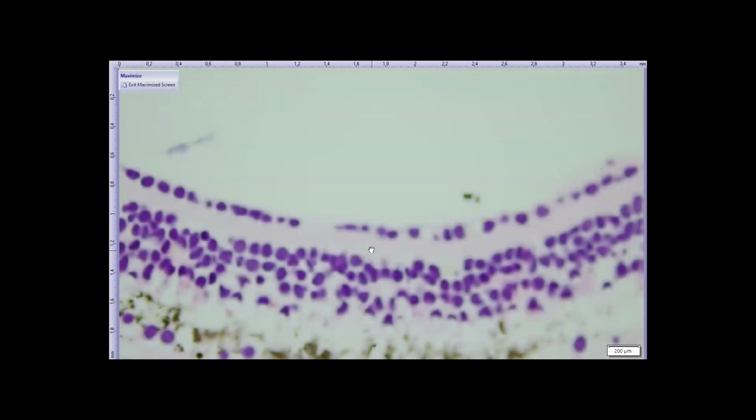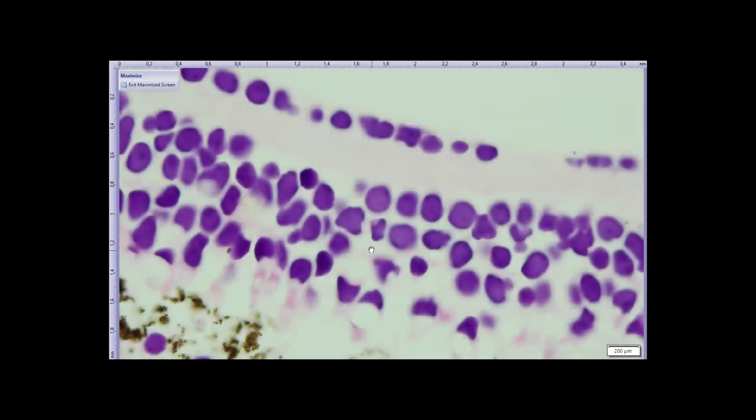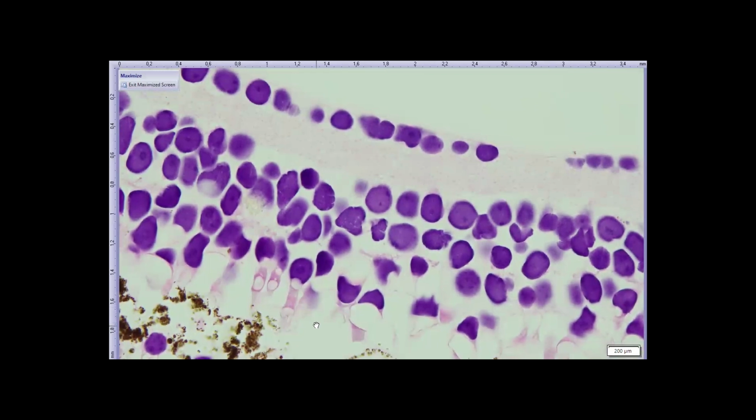They have pretty cool looking outer segments of photoreceptors, including huge and prominent oil droplets. But that's all. And I think I showed you an axolotl that has very similar morphology.